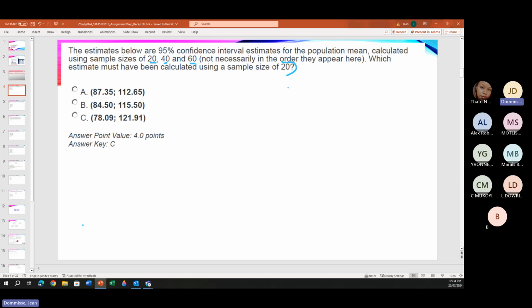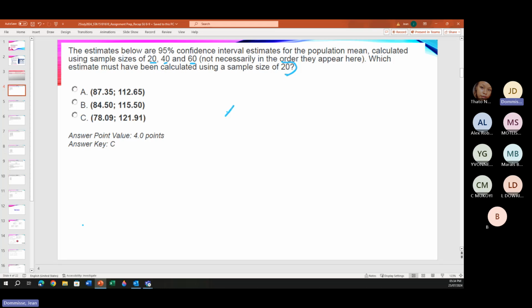Let's look at the information they give us so we can decide what type of confidence interval we're working with. They say the estimates below are 95% confidence interval estimates for the population mean calculated using samples. Which estimate must have been calculated using the sample size of 20? So the one that is the smallest sample.